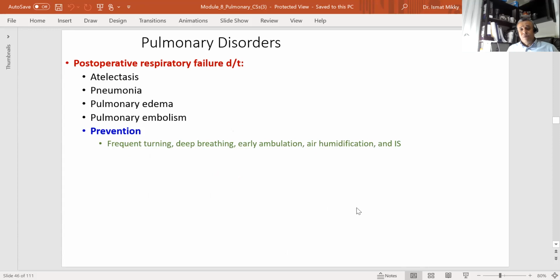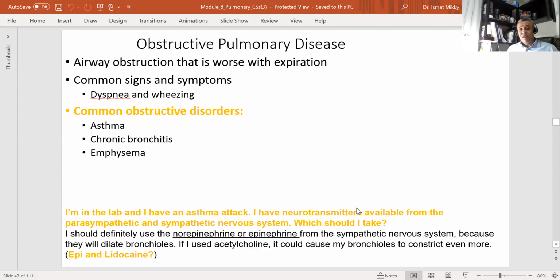Some post-op respiratory failure will result due to the atelectasis, pneumonia, pulmonary edema, pulmonary embolism, and these are some of the preventive measures. I believe that you covered this in Adult Health 1.